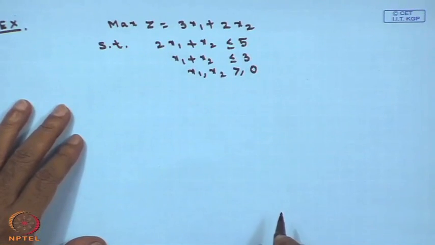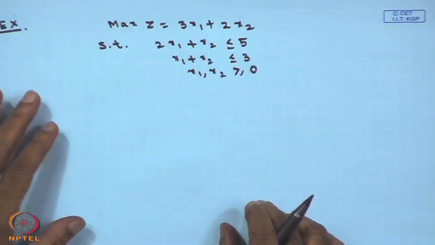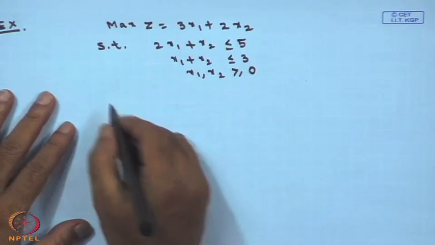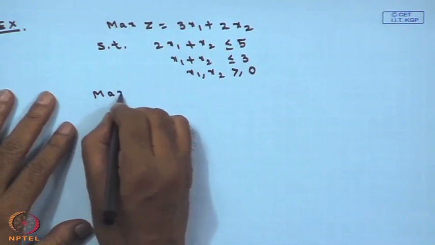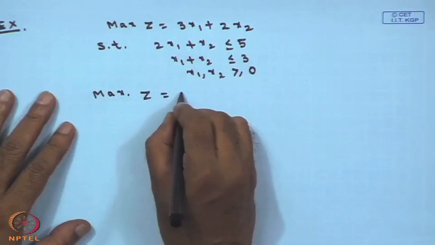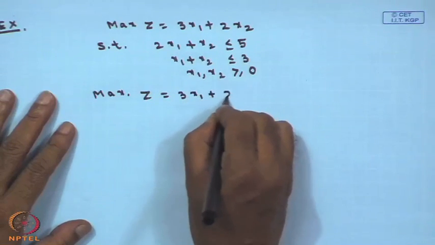So, by introducing the slack variables you can write down the corresponding canonical form. I am directly writing the canonical form. Maximize Z equals 3x1 plus 2x2.